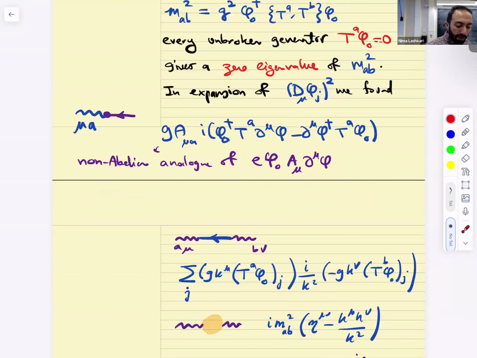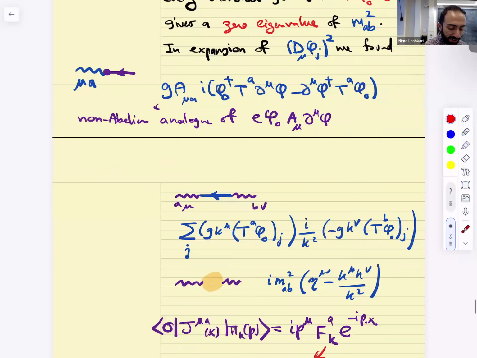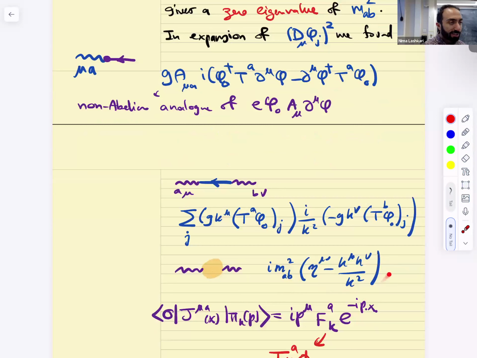K mu. As before, you could ask about this diagram as a contribution to the propagator of the gauge field. Well, this guy's massless, so it's I over K squared, you repackage everything, you get I MAB squared, something that satisfies Ward identities. It's all good.